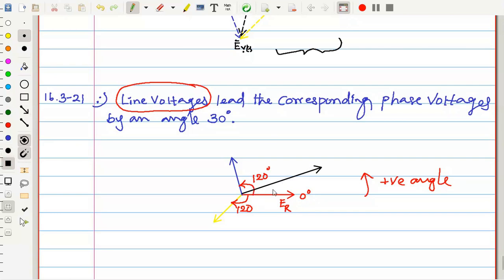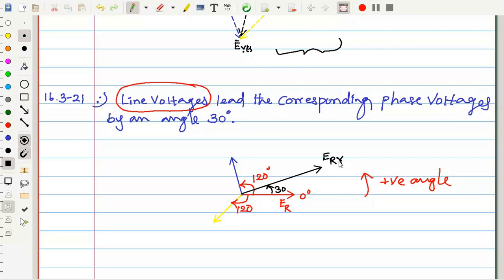This is 30 degrees. We considered R as reference, then after R, what phase will we get? Y phase. So it is positive sequence. So the next corresponding one is Y, ERY.